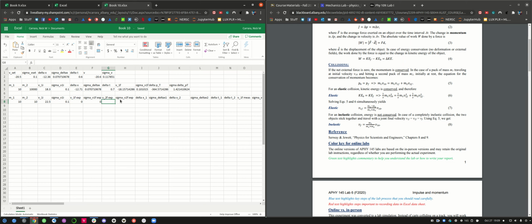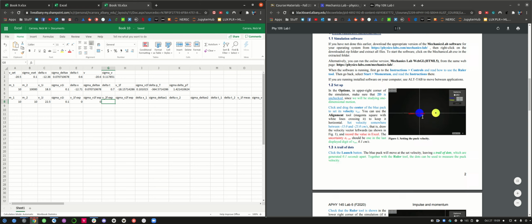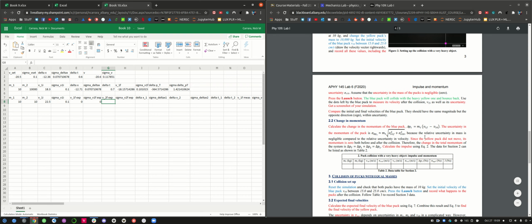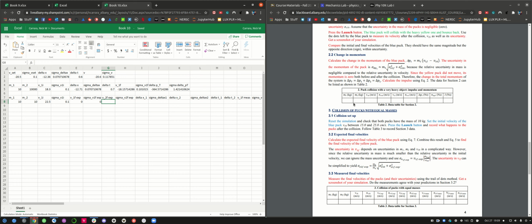And the expected velocity for the second puck, right.